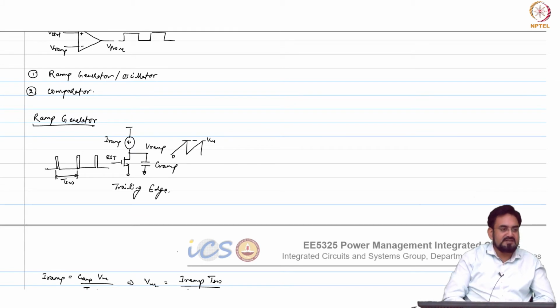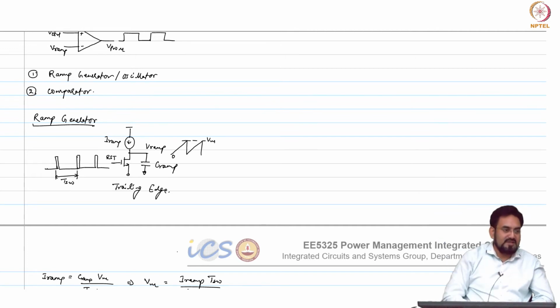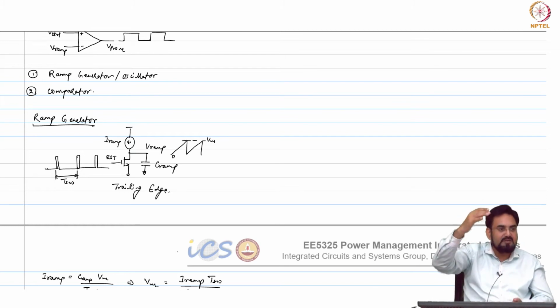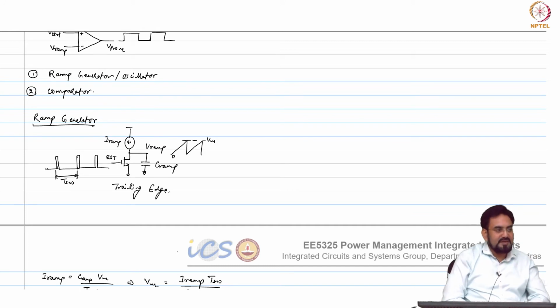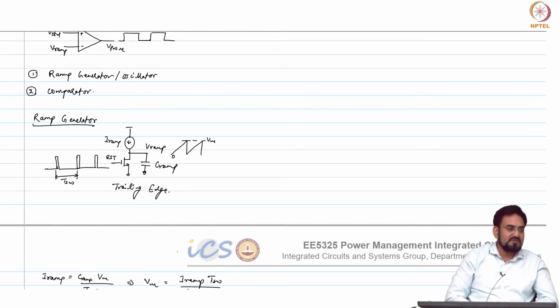In that case, 50% is not a problem for trailing edge, because your ramp is always 0 to 1 volt. So 100% will be your 1 volt control voltage, which is still much lower than your VDD. So still you will have a 0.8 volt headroom. And I know I will never hit the lower voltage, because my operating duty cycle is not going below 50% or so.